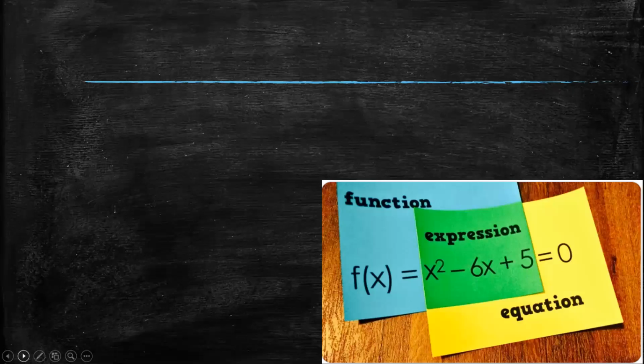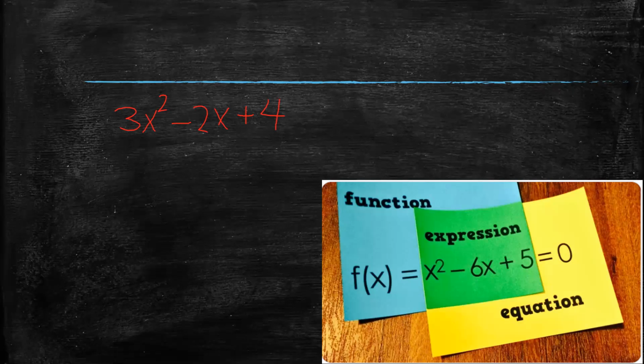the expression, and the equation. In chapters 7 and 8, we talked about expressions. Like if I told you 3x squared minus 2x plus 4, if it's like this, I call it an expression.